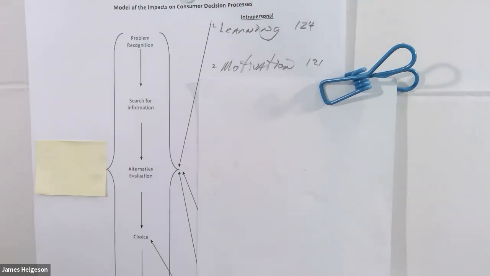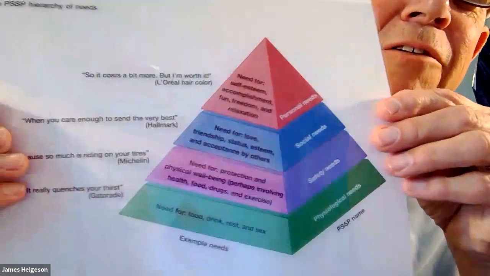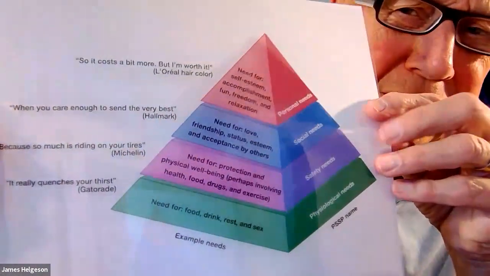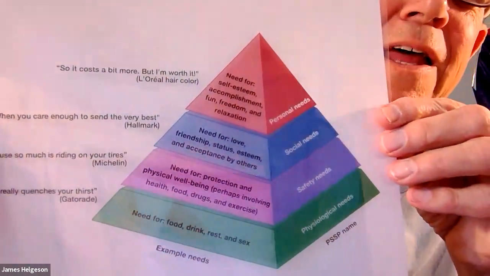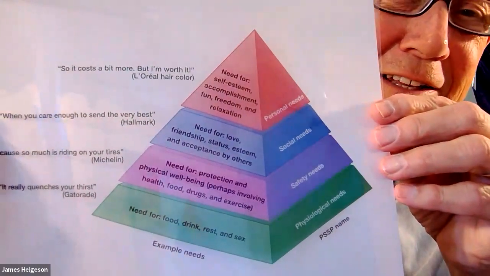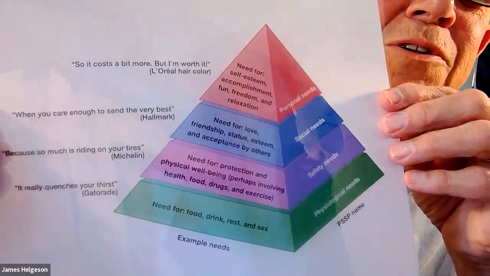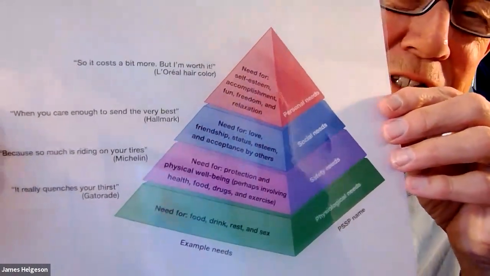Let me go to, not Pavlov again. Okay, this is the bell I was trying to ring: the hierarchy of needs model, the PSSP model. We've done that. We've got these physiological, safety, social, and personal needs, and they can be motivators of behavior.